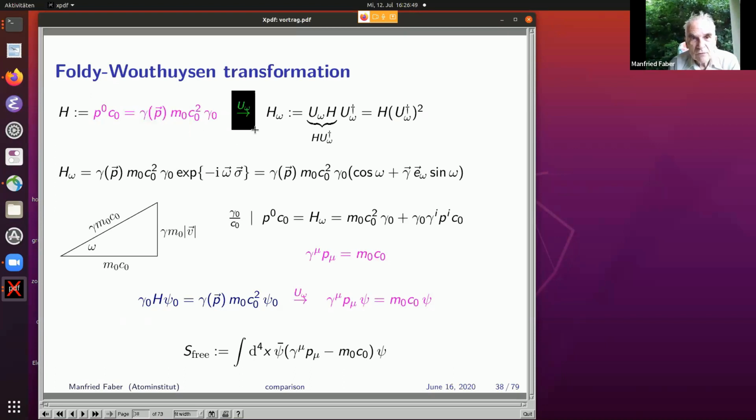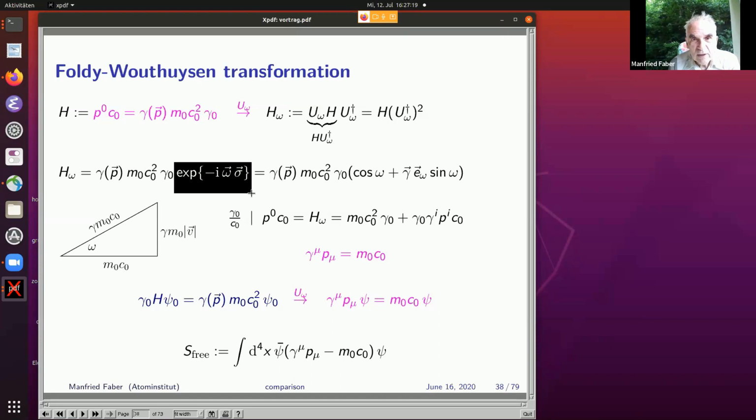And now I make this Foldy-Wouthuysen transformation: H omega is U omega H U omega dagger. And this is because of these commutation relations which we saw before. This gives you H U omega dagger squared. So in this H omega you can calculate, and you see this is nothing else than this U omega here.